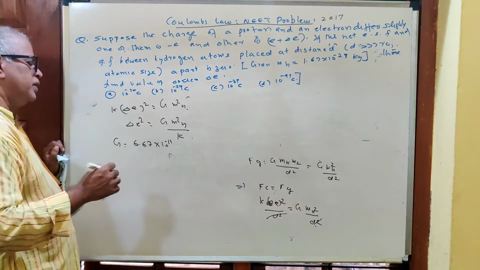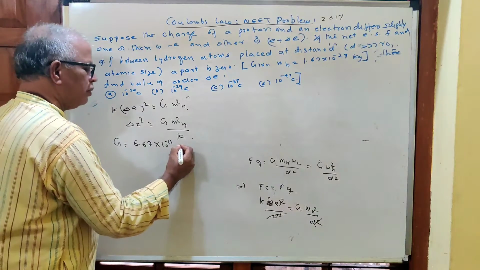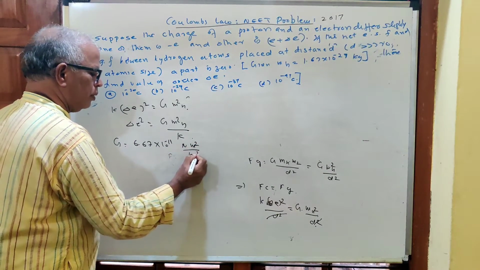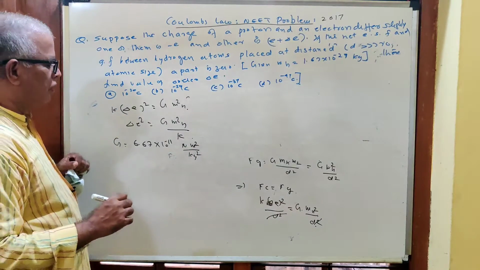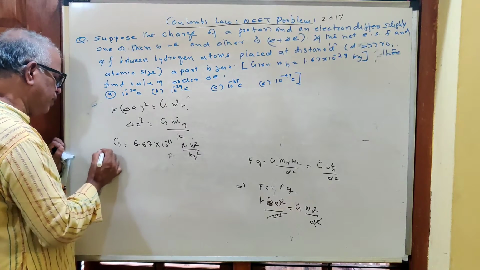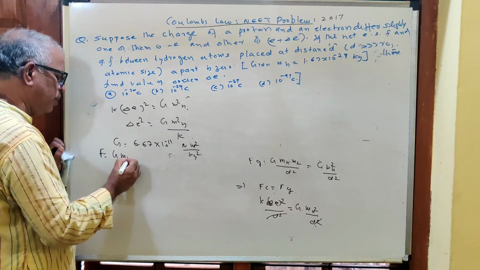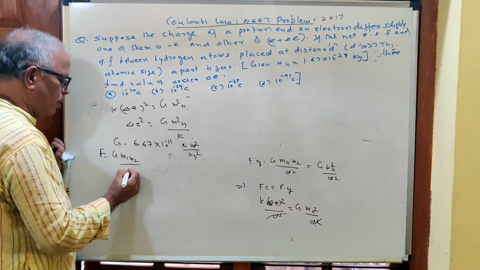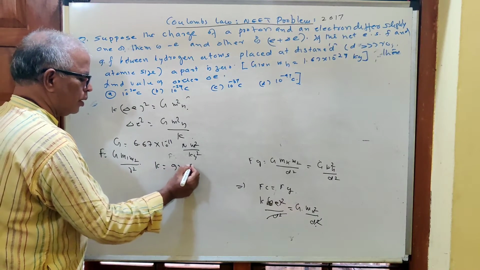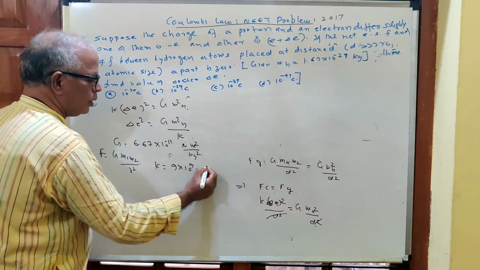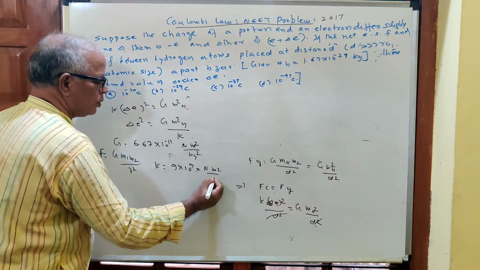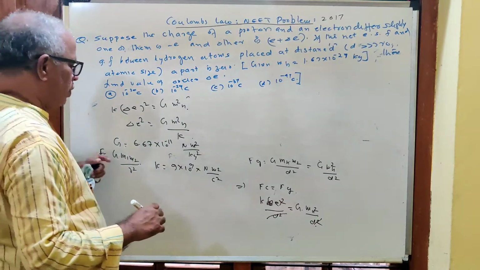What is the unit of G? Newton meter square by kilogram square. K is, from the formula F equals K q1 q2 by r square, equal to 9 into 10 to the power 9 newton meter square by coulomb square. Put these values there.